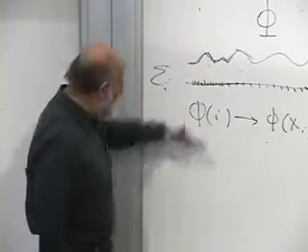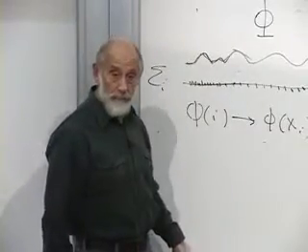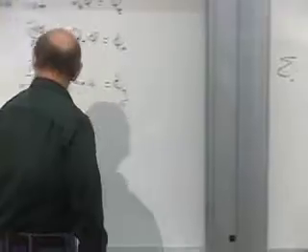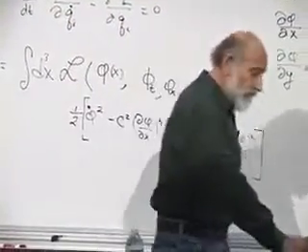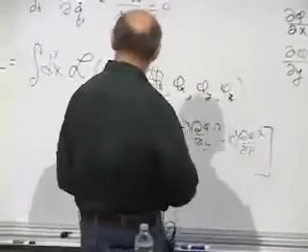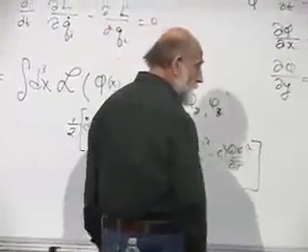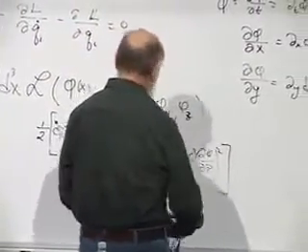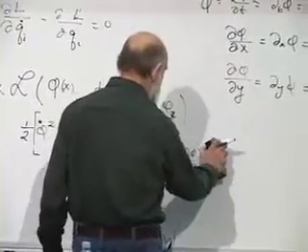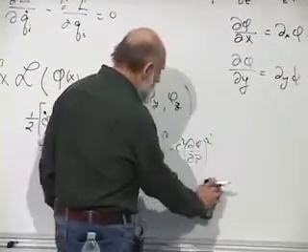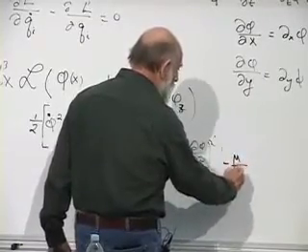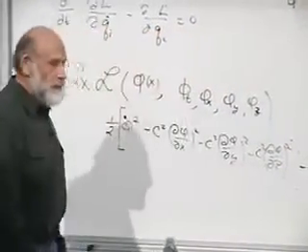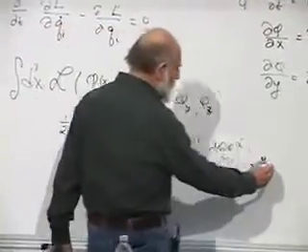For example, if the whole thing was in a gravitational field, then we might put into here something which depends on phi. Not phi by dx, not phi by dt, but possibly just phi itself. So there might also be dependence on phi. Let's put some dependence on phi in here. A nice simple example would be minus some constant, I'll call it mu, and I'll put a 2 there for purely conventional reasons, times phi squared.